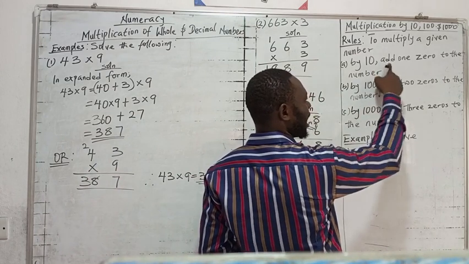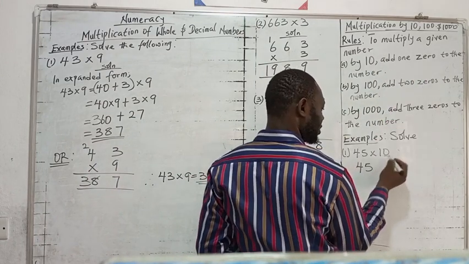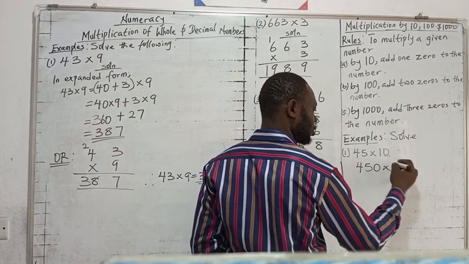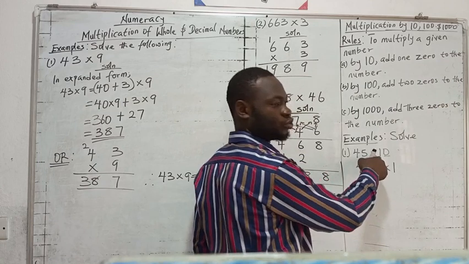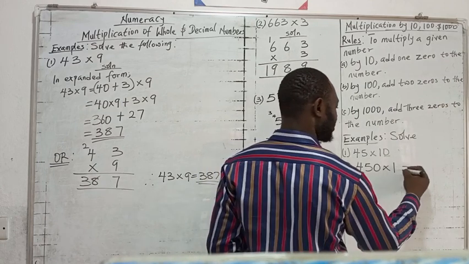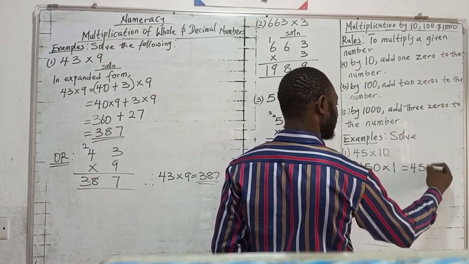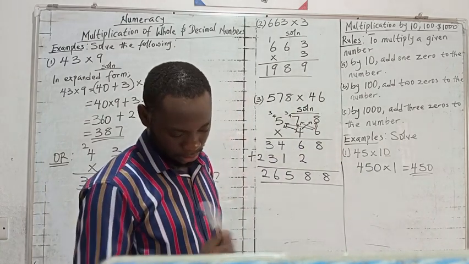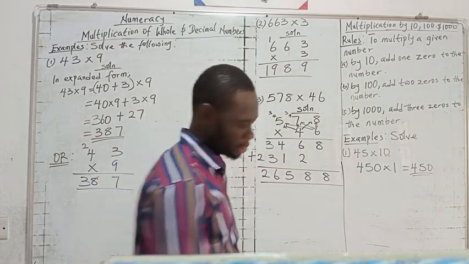The rule says add 1 zero to the number. Times what? 1. Because anything times 1 is that thing. Are you seeing it? That's what the rule says.